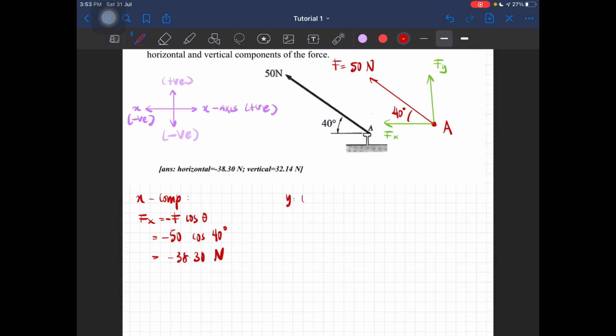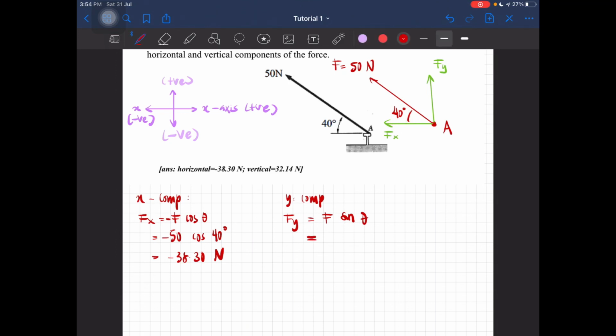Right? Now for the y component, Fy is equal to F sine theta. Again, why is it sine theta? It is because there is no angle at the y component. So we are using the angle at the x component. Okay, so that's why we are using sine theta.